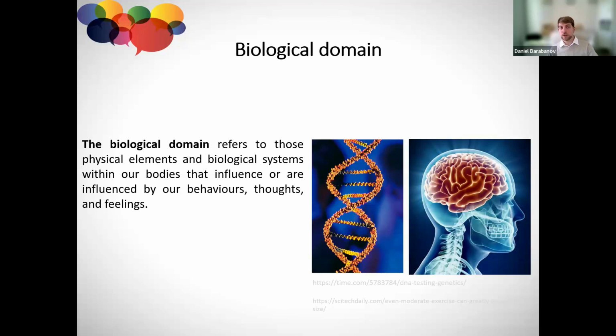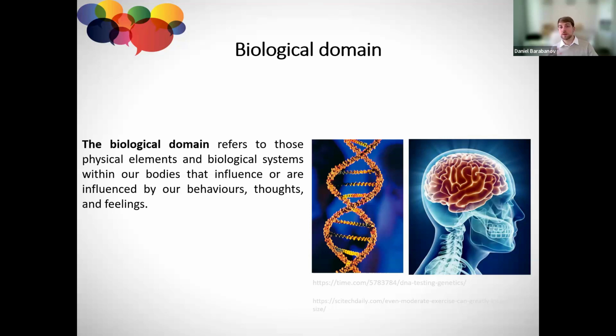Including their nervous system and genetics. Both factors, physiological and genetical, significantly influence the way we behave, how we think, and how we feel. And some researchers suppose that biological factors are the primary factors which influence your personality.